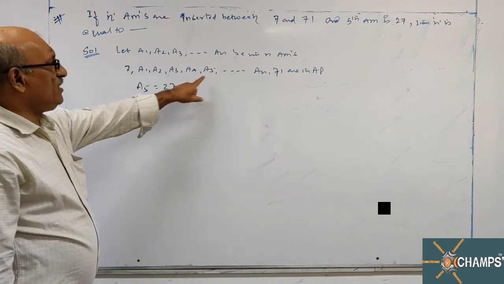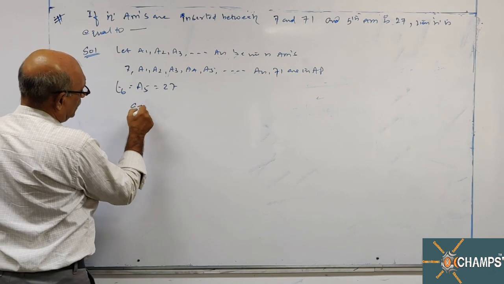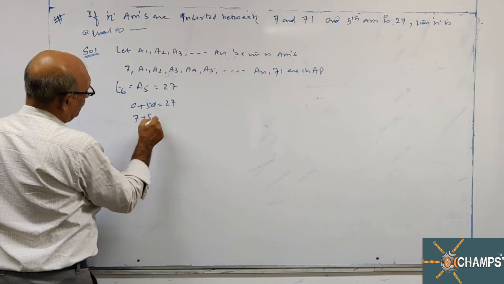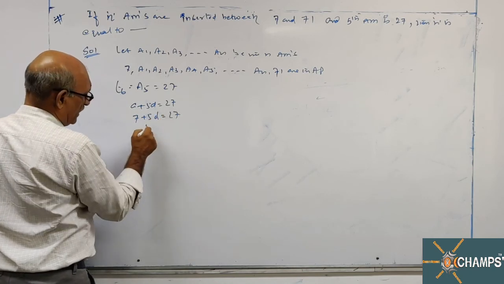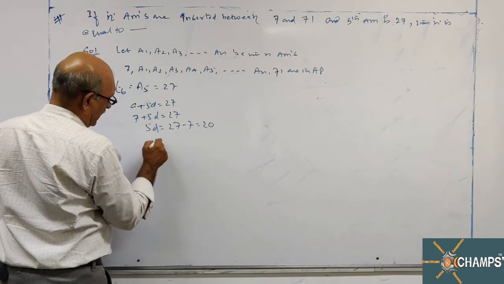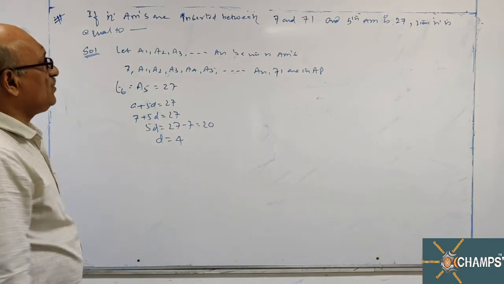The fifth arithmetic mean is nothing but the sixth term, T6. So a plus 5d is equal to 27. 7 plus 5d is equal to 27. 5d is equal to 27 minus 7, 20. D is equal to 4. Common difference value is obtained.